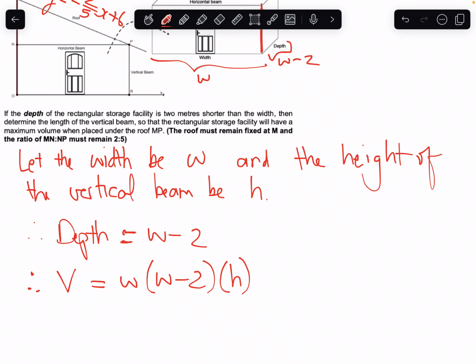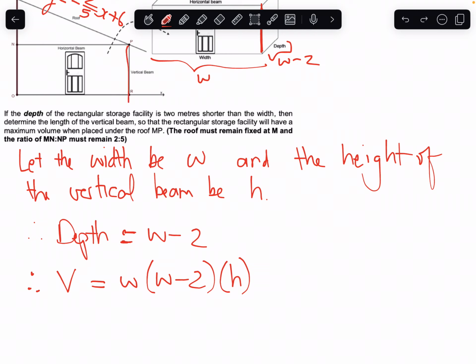Another interesting thing is that the vertical beam is always going to meet this roof line, so it is going to be a point that lies on that line.